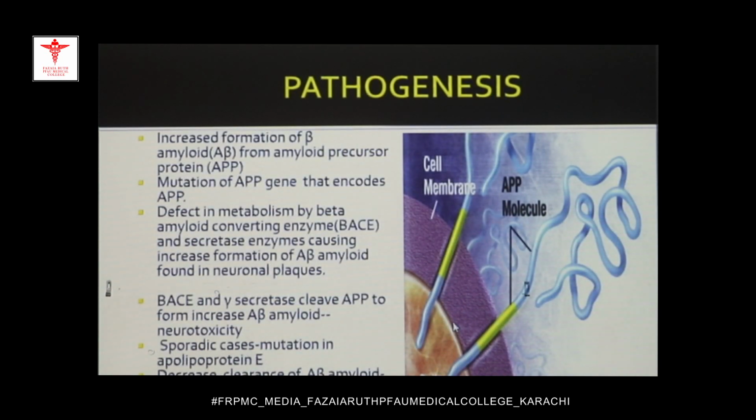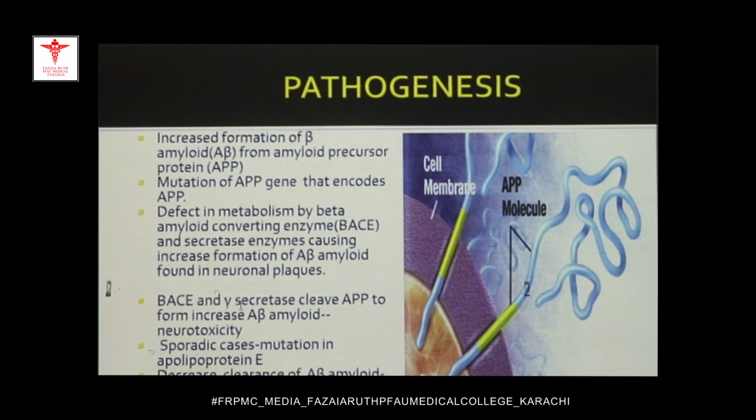As far as the pathogenesis is concerned, there is increased formation of beta amyloid protein from amyloid precursor protein. And this is because of the mutation in APP gene that encodes the amyloid precursor protein. Now, two enzymes are involved: BACE, that is the beta amyloid converting enzyme, and secretases, in which most important being gamma secretase.